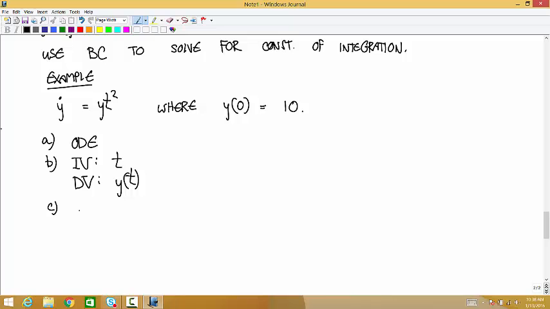What order is it? And then last, how many boundary conditions do we need? Yep, it's a single first order differential equation, so we're going to have one constant of integration.